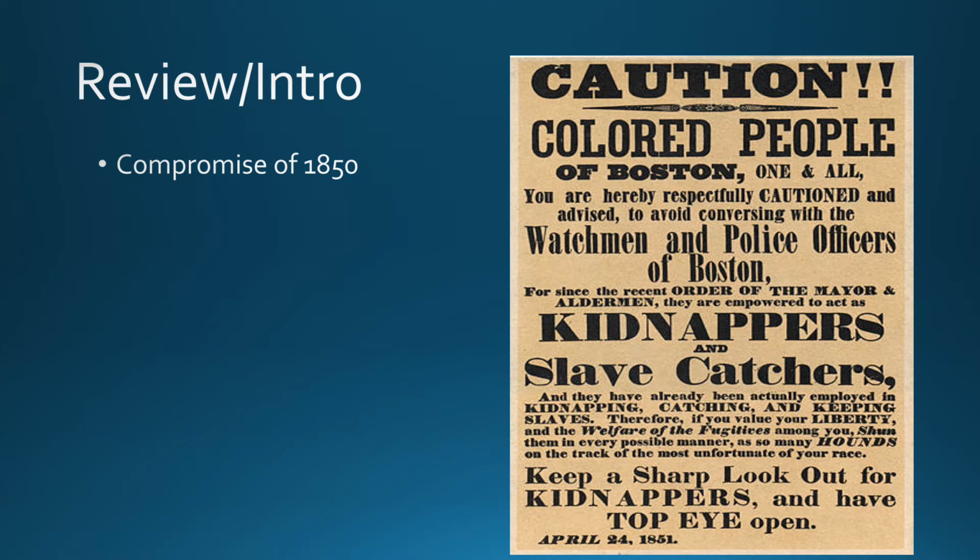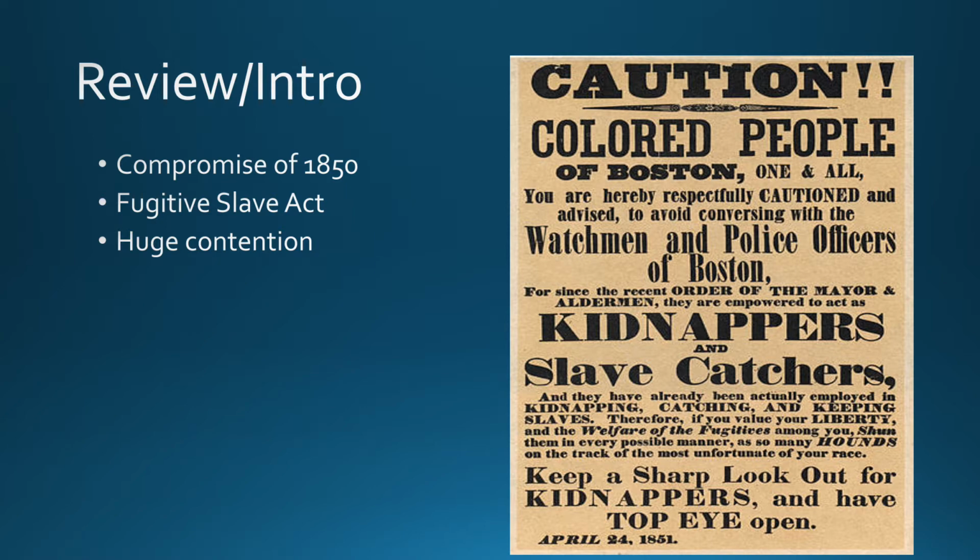So we know that the Compromise of 1850 did attempt to solve some of the issues and the problems, but the reality is it is going to lead to more contention and issues. I mentioned this a little bit when we were going over the Compromise of 1850, but I mention it again. The big problem is going to be with that Fugitive Slave Act. That's going to draw a lot of contention. And early on, the North wasn't incredibly receptive in actually enforcing it.